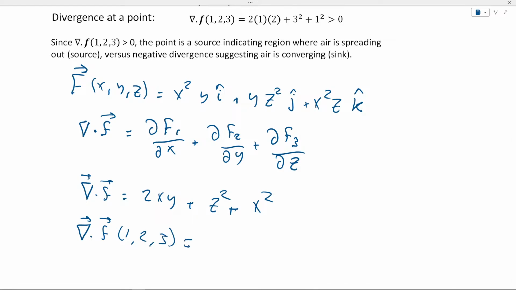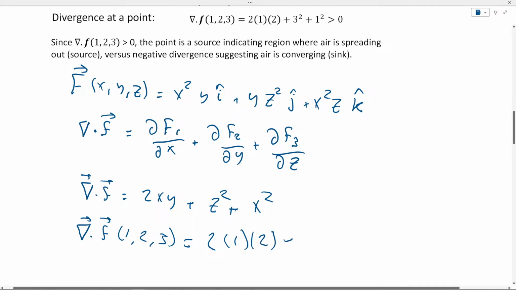Okay, but now I want to evaluate this at 1, 2, and 3. So x is 1, y is equal to 2, plus 3 to the power 2, plus 1 squared.